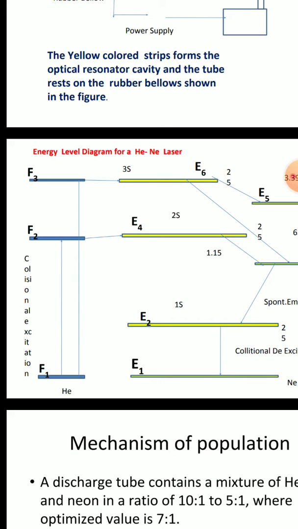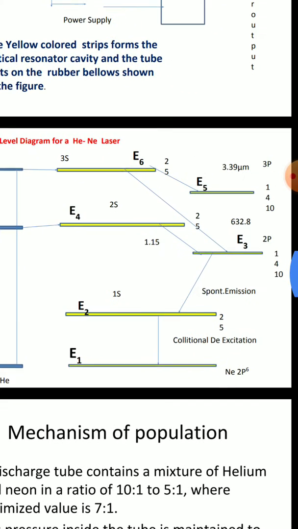So the collisional excitation works like this: first you put energy into the helium atoms, and this energy is transferred by collision to the neon atoms, excitation takes place in the neon atoms, and the lasers are formed.